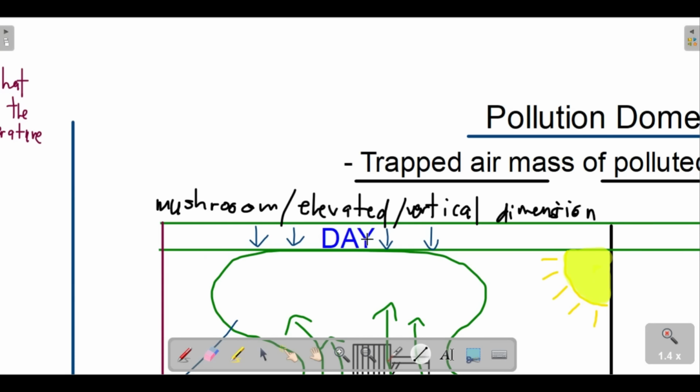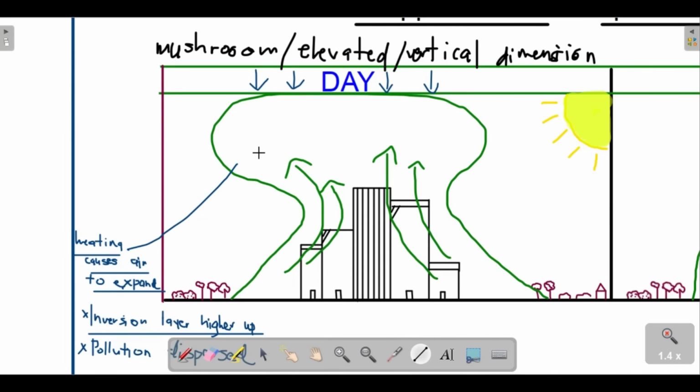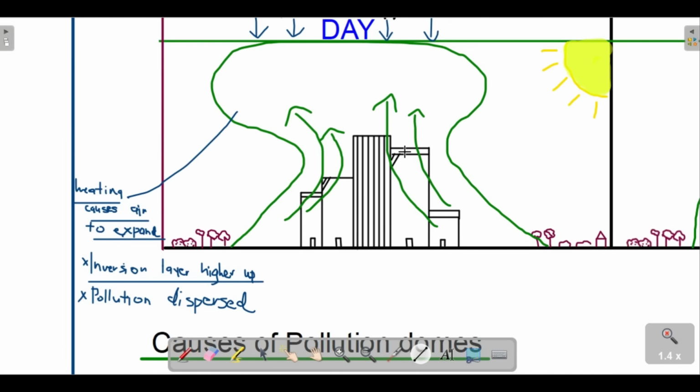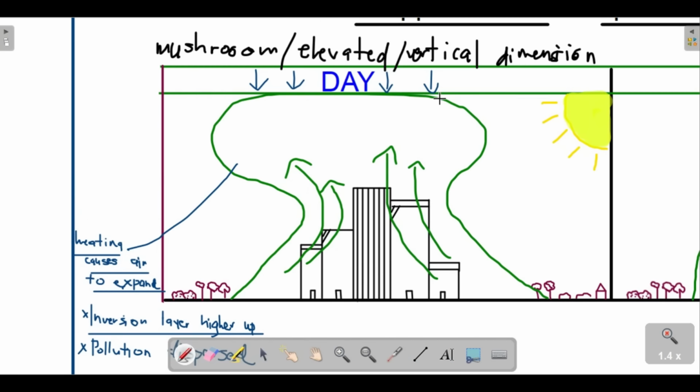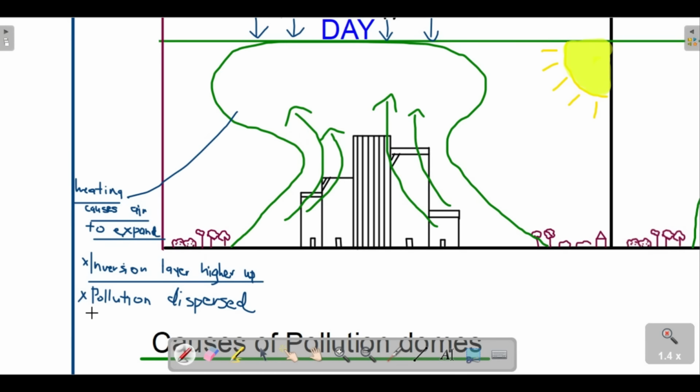You have to know the characteristics of the pollution dome during the day and during the night. Okay, so because there's rising warm air, it expands this pollution dome. It gives it that vertical dimension, it elevates it, it gives it that mushroom shape. So now the pollution is much more dispersed. It is much easier to send those pollutants away.